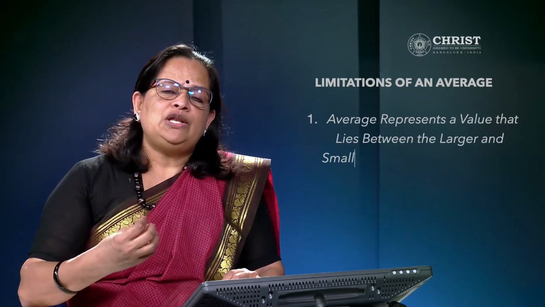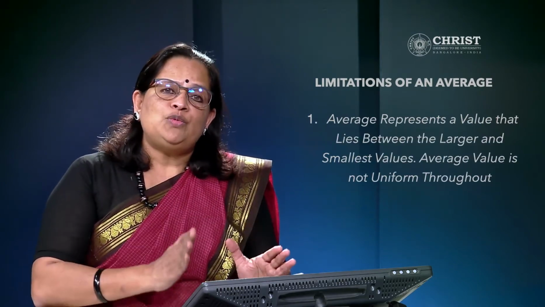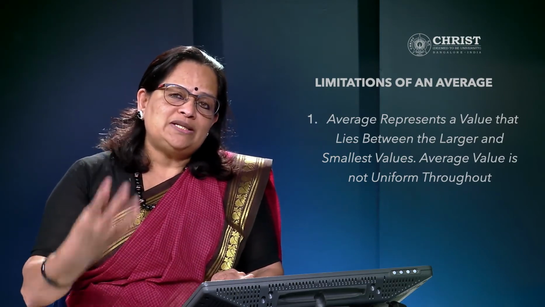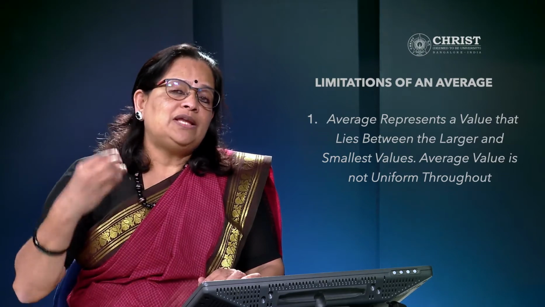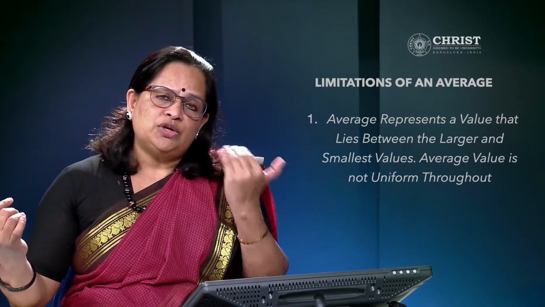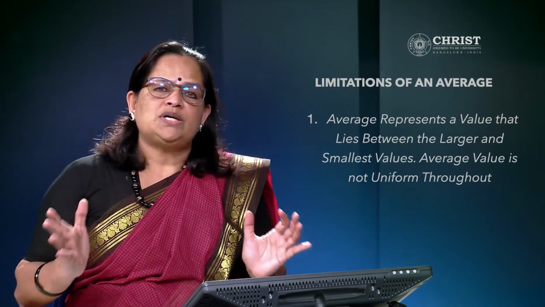The first point is that an average represents a value that lies between the largest and smallest values, so it may not be uniform throughout. If the average marks of students in statistics in a class is 60, that means some students got 100 out of 100, some got 20, and some got 40. All these marks are possible.